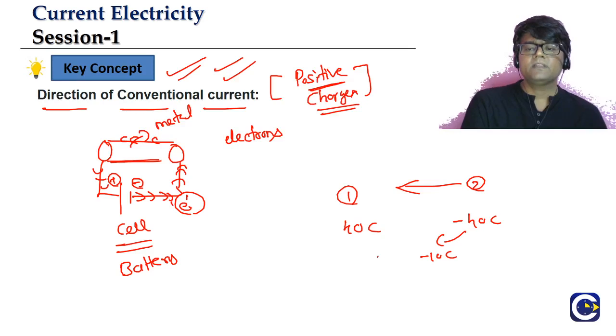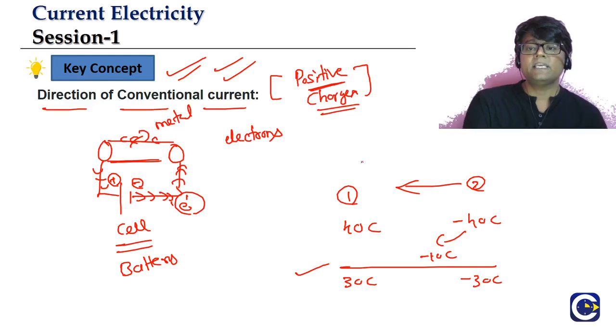Then what will be the final charge values? Just look at it. Minus 10 is coming here, so 40 minus 10 is going to be 30. Since it was minus 40 and we have taken minus 10, remaining is going to be minus 30. Clear? So when I move minus 10 from the right side to the left side, the final charge values are going to be 30 and minus 30. Now let us look at the other situation.